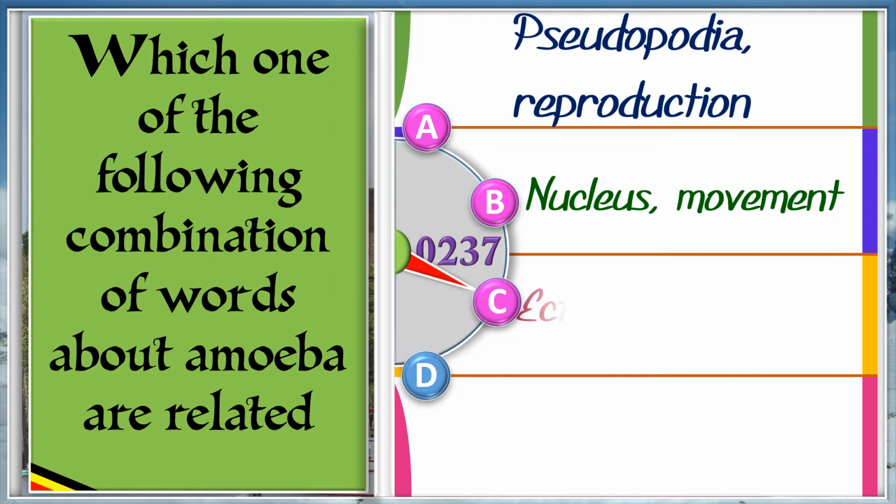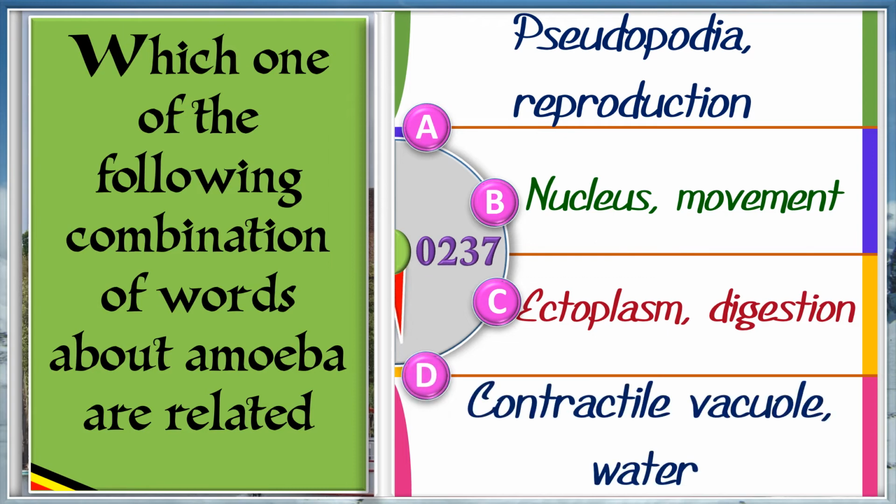C. Ectoplasm and digestion. D. Contractile vacuole and water. And the answer is D. Contractile vacuole and water.